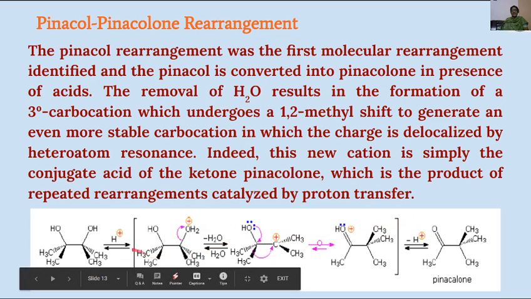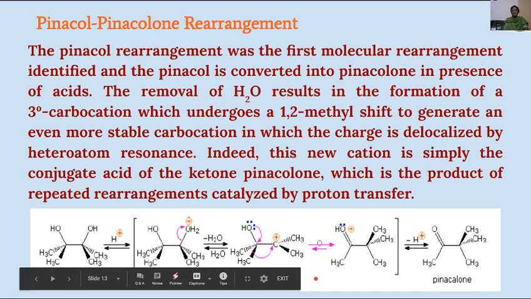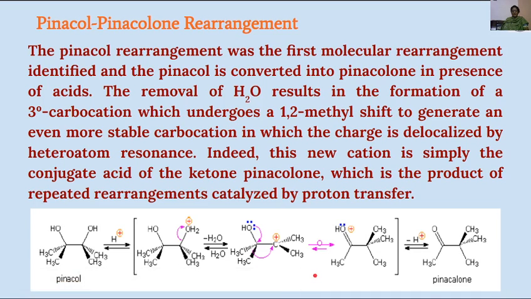Whatever acid we have added in the first step, that proton has been removed in the last step of the rearrangement. So this is about the very important pinacol-pinacolone rearrangement, which takes place only in pinacols, that is the vicinal glycols. Thank you.